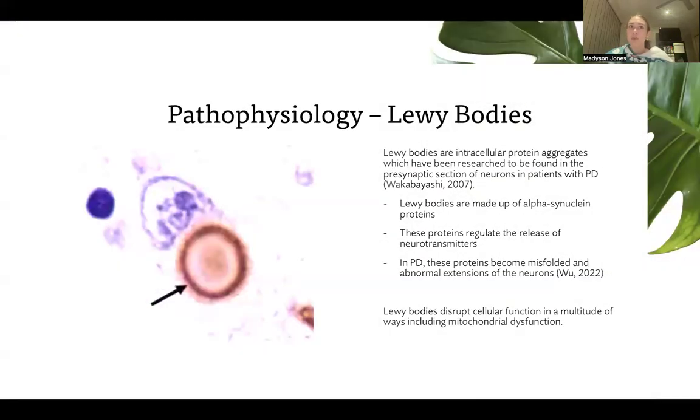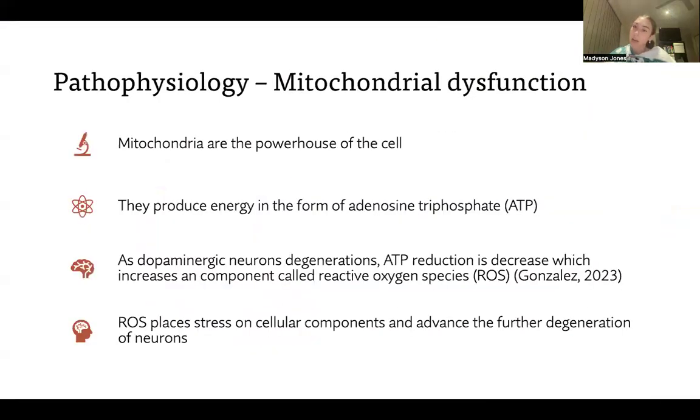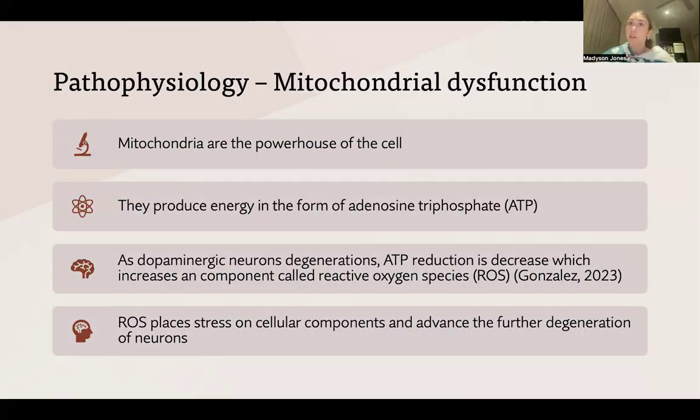So Lewy bodies disrupt cellular function in a multitude of ways, one of which is mitochondrial dysfunction. The mitochondria are the powerhouse of the cell. They produce energy as adenosine triphosphate, also known as ATP, which is essential for healthy neuron function.